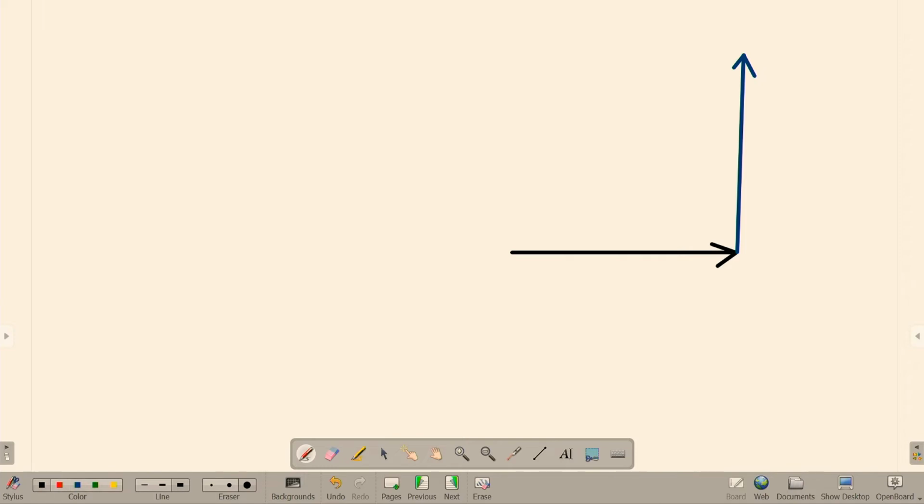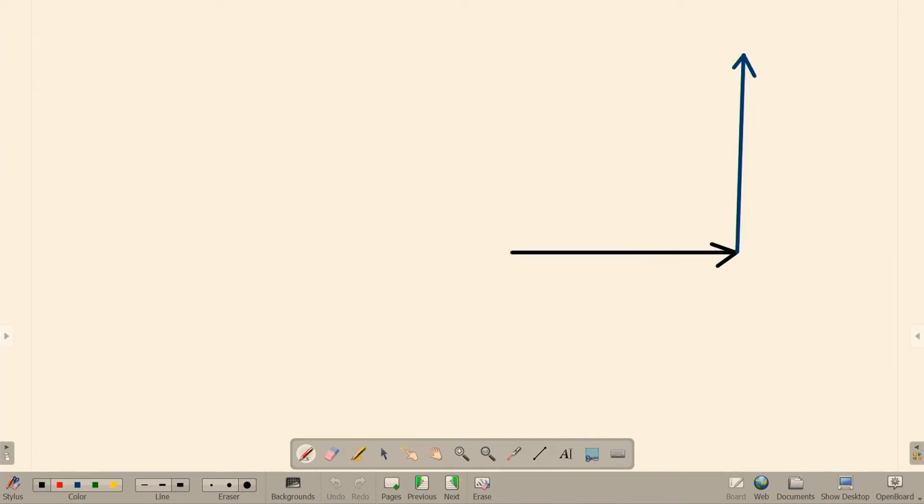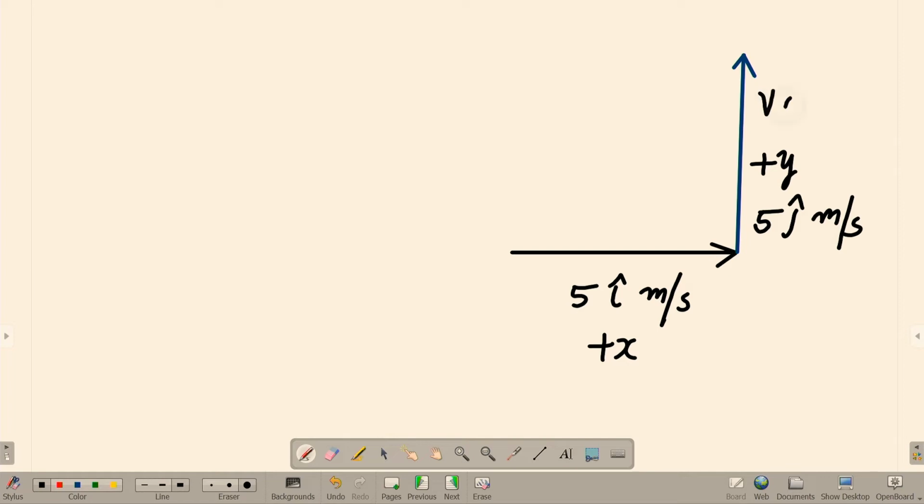The velocity given in the problem is 5 meter per second. We can say this is in the positive x direction, so 5 i cap meter per second. This is in the positive y direction, so this is 5 j cap meter per second. This is V final actually.